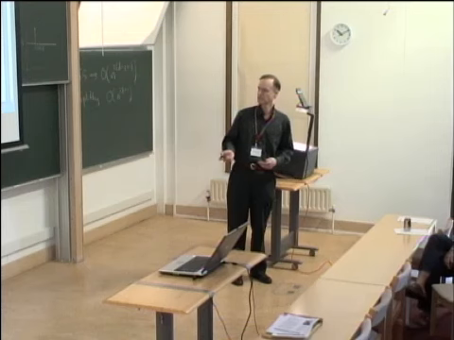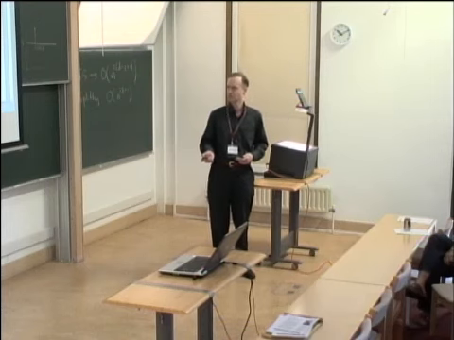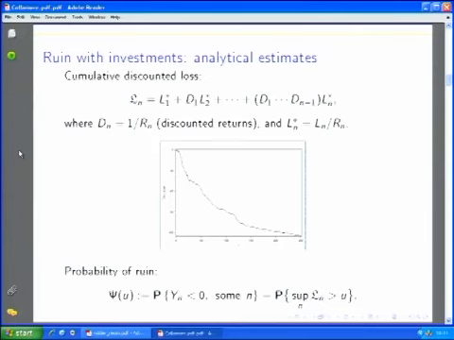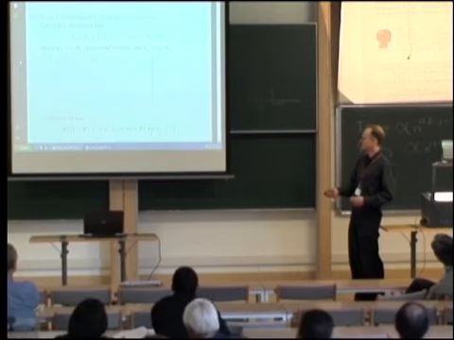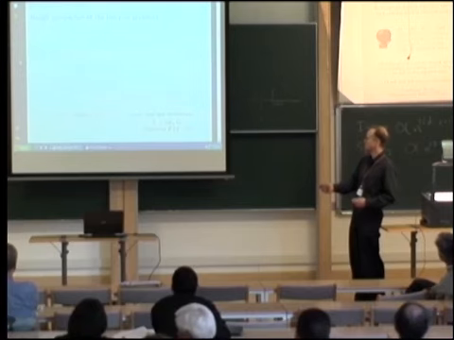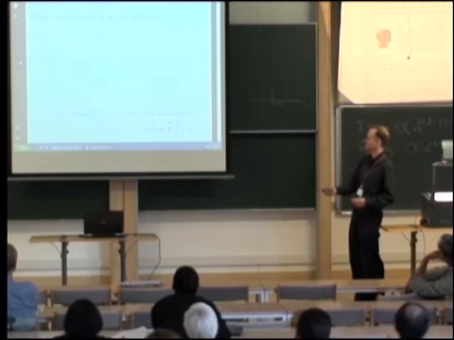But nonetheless, one can easily show that if we would like to study the probability of ruin in the case of investments, which is the probability that the process Y is less than 0 for some n, then this can be likened to the probability that the discounted loss process exceeds a positive barrier at u. So we're led to this boundary crossing problem, which is illustrated on the right-hand side.